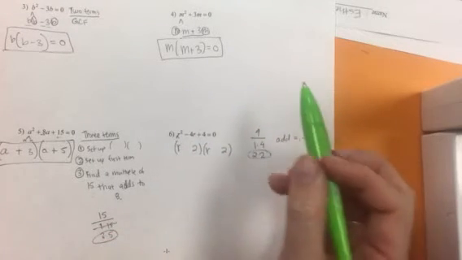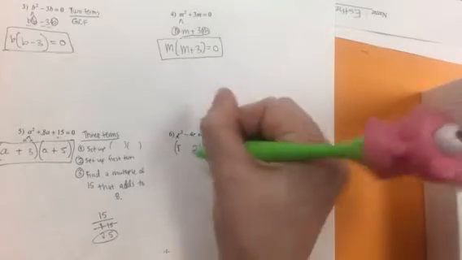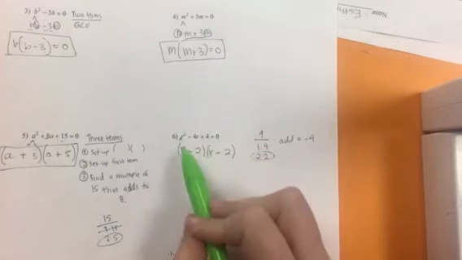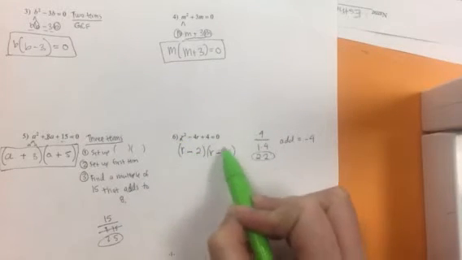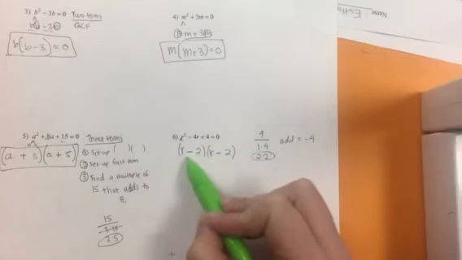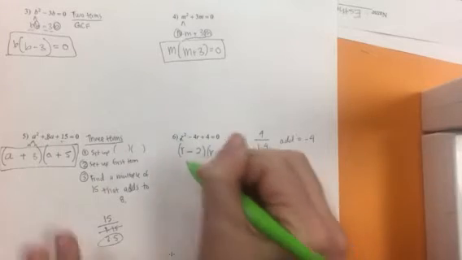Now this is a little bit trickier. I need them to be a negative 4 when I add them up. So if I make them both negatives, let's check. R times R is R squared. Negative times a negative is positive 4. And when I add negative 2 minus 2, I get negative 4.